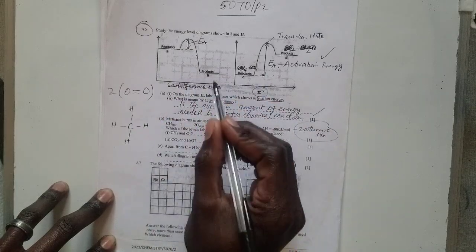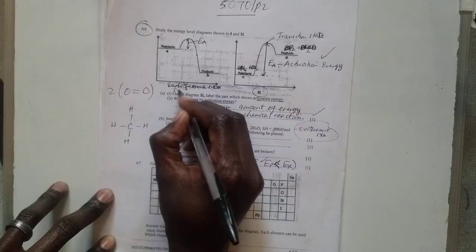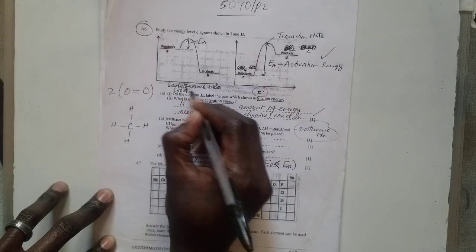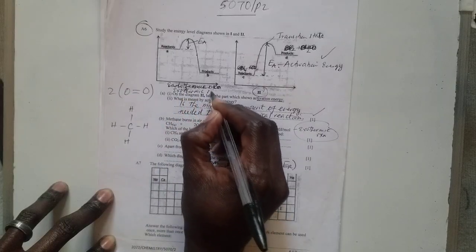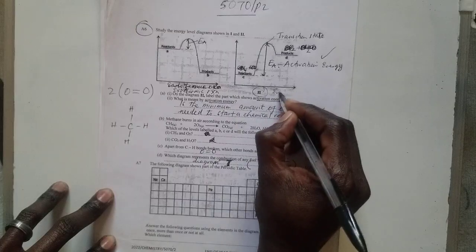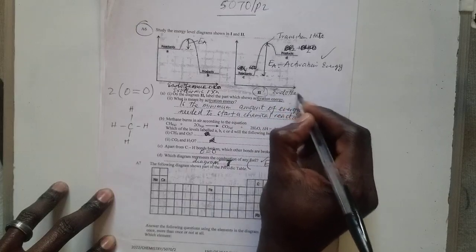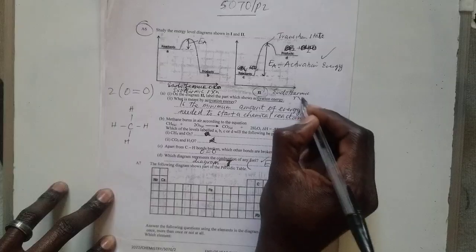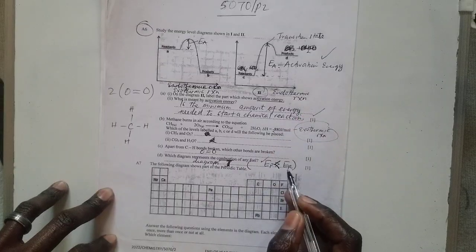From the diagrams there, diagram 1 is representing an exothermic reaction, and this one is representing an endothermic reaction. So that's what we mean there.